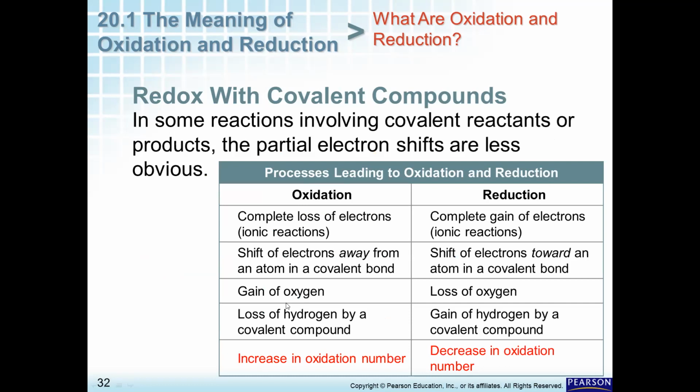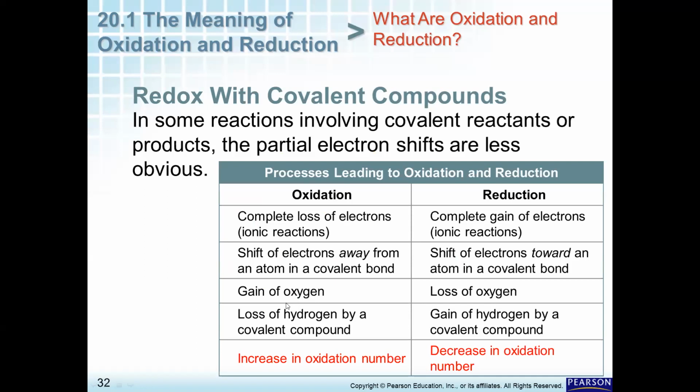If you want to understand the meaning of oxidation and reduction compared with each other: the first one is the complete loss of electrons. That is oxidation, and that happens in the ionic reaction whenever we form ionic compounds. The same thing with the reduction is when we form a compound, it is a complete gain of electrons.